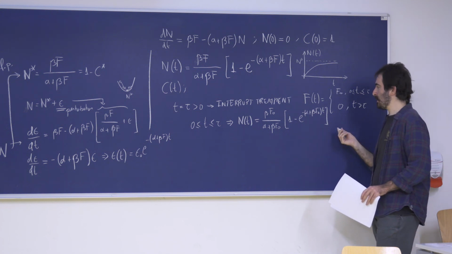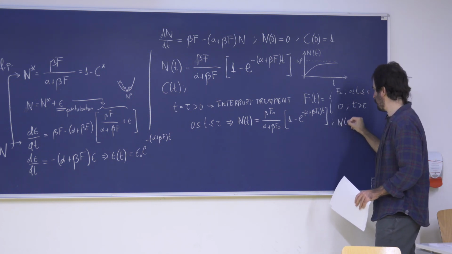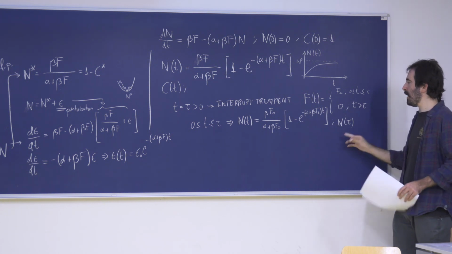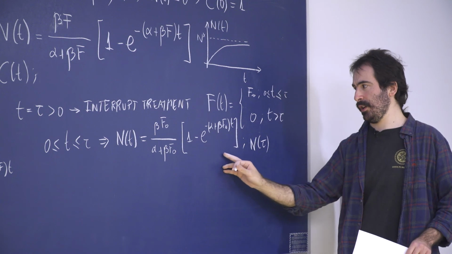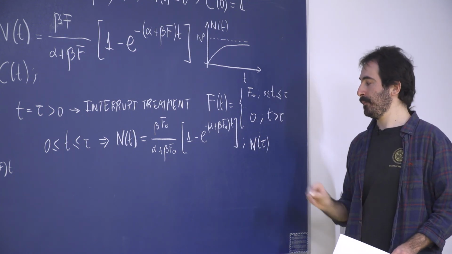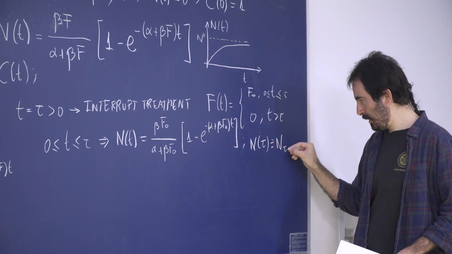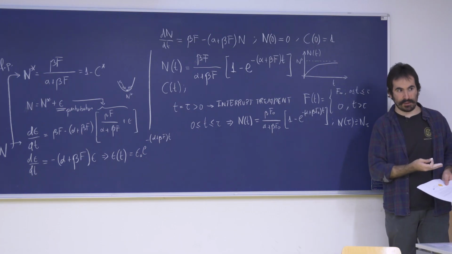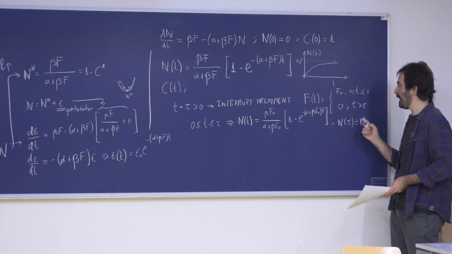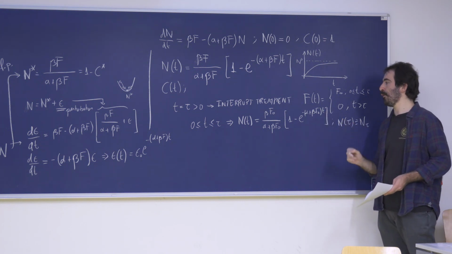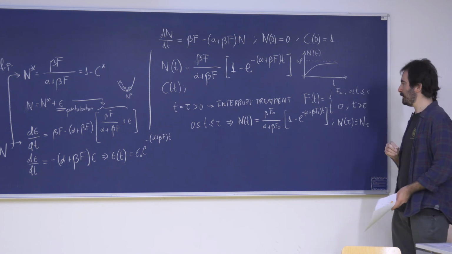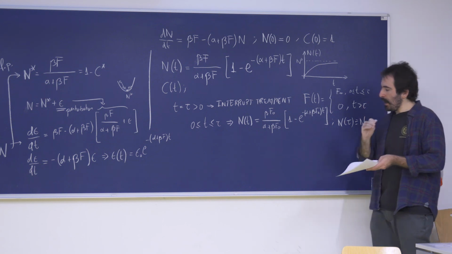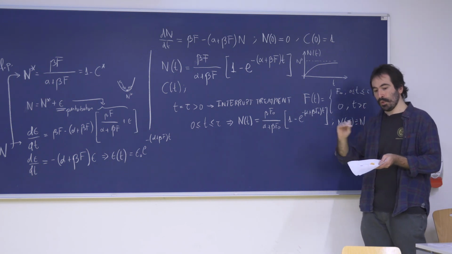As a matter of fact, at time tau, what we have is n of tau, and all you need to do to get n of tau is substitute tau into this function here. We're going to call this n sub tau, but it's important to know that this is something that we can know from all the previous conditions, because it's just a matter of substituting for the value of t accordingly. Great.